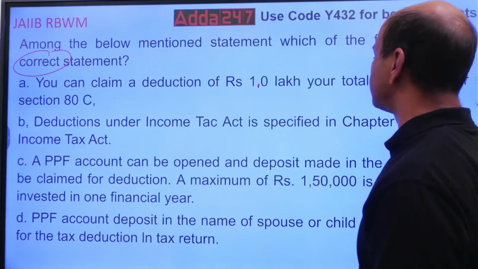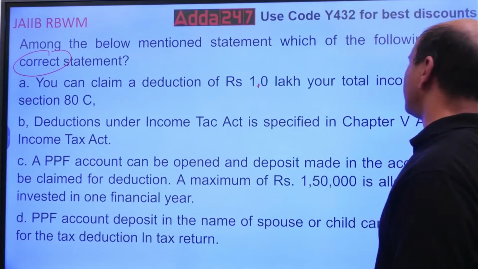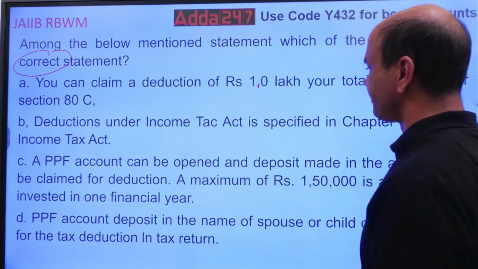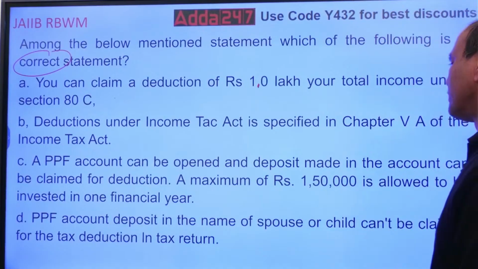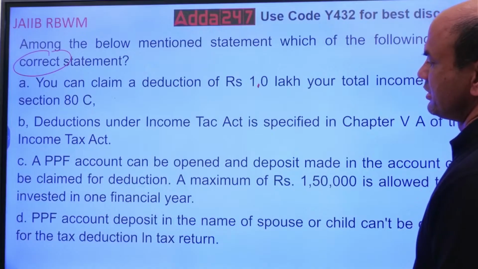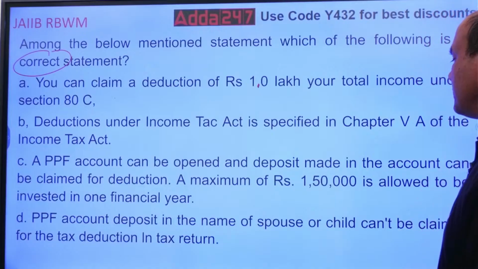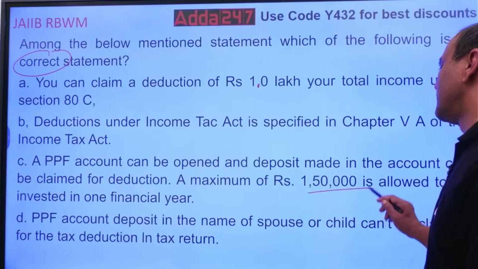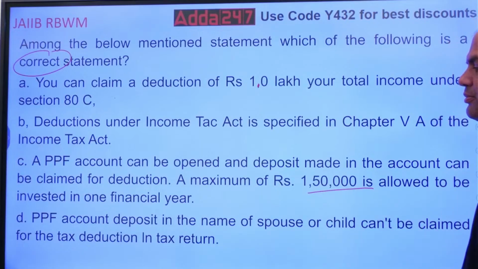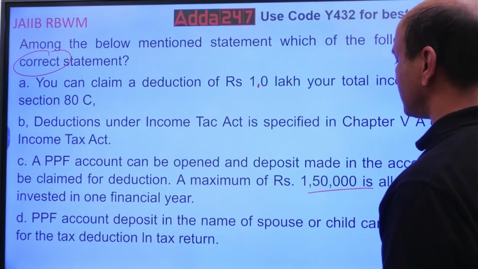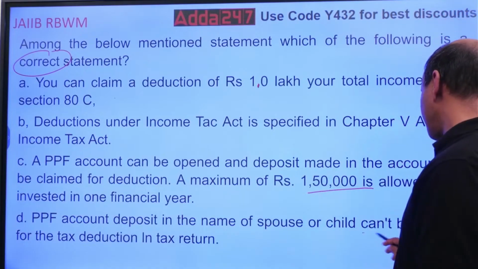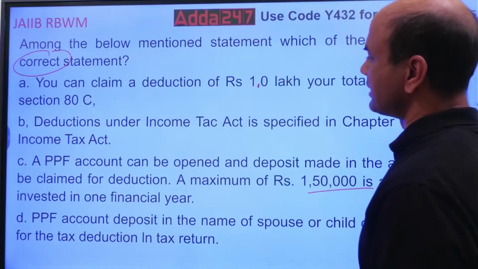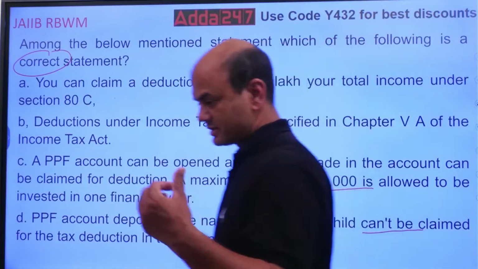Deduction under the Income Tax Act is specified in Chapter 5A of the Income Tax Act. A PPF account can be opened and deposit made in the account can be claimed for deduction. A maximum amount of 1,50,000 is allowed in one financial year. A PPF account deposit in the name of spouse or children can't be claimed in tax return.